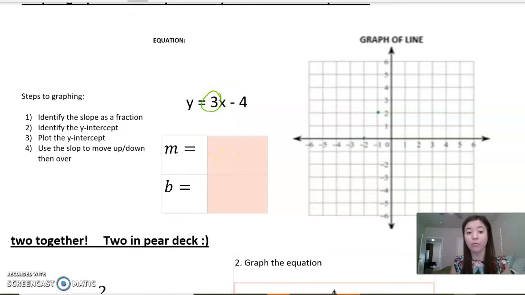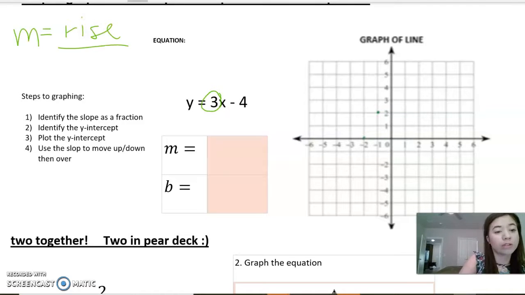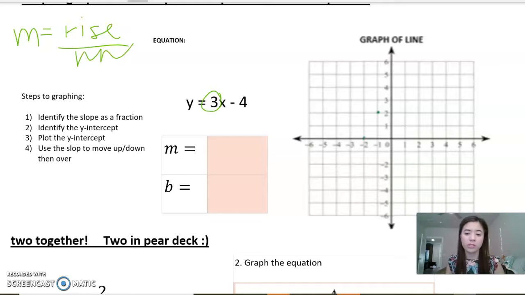But remember, when we're graphing, slope is rise over run. Right now I just see one number, so how am I supposed to use that for a slope? If there's not a number underneath it, what number can I imagine is there? A 1. So if I see a whole number here with no number underneath, let's write it as a fraction, because then it's a lot easier for me to see my rise over my run. My rise is 3, my run is 1.